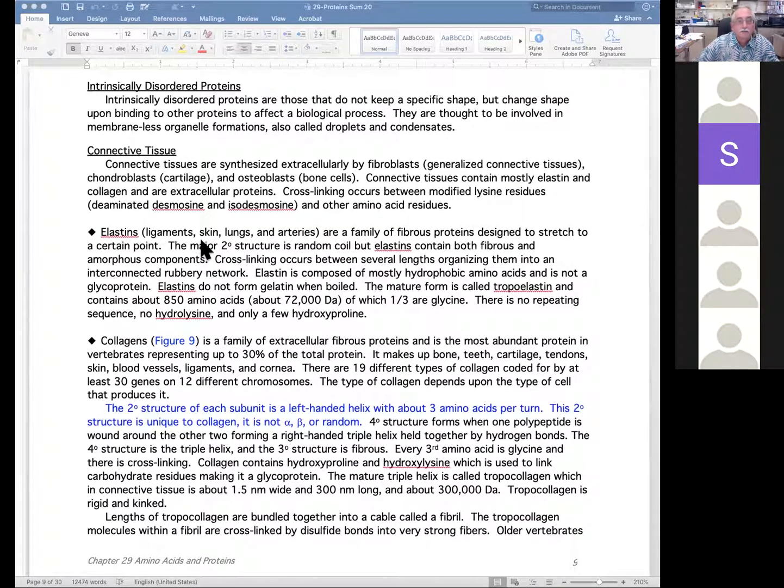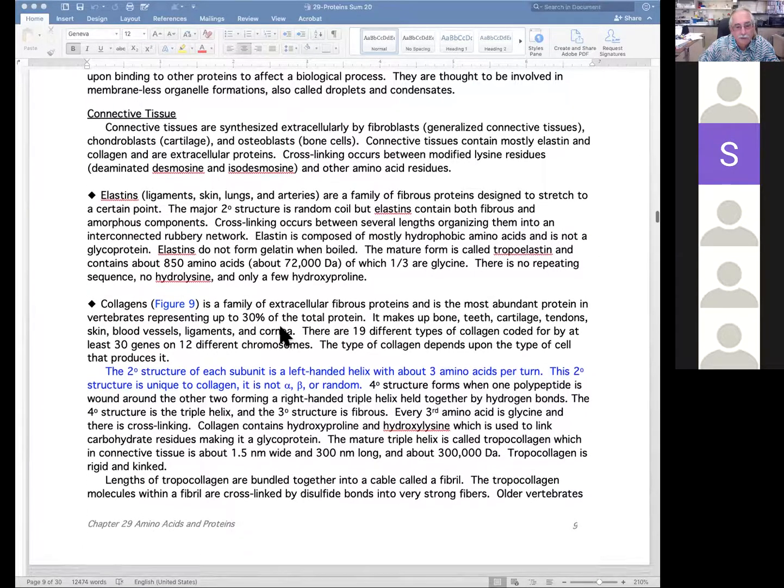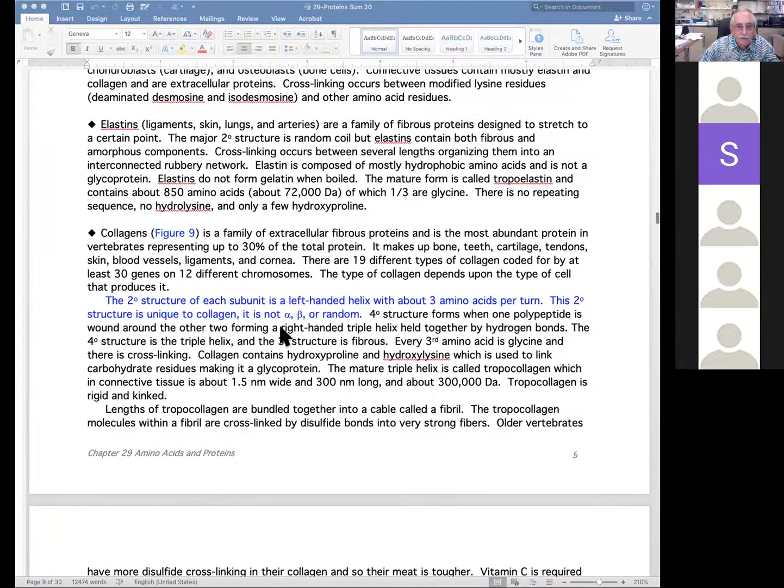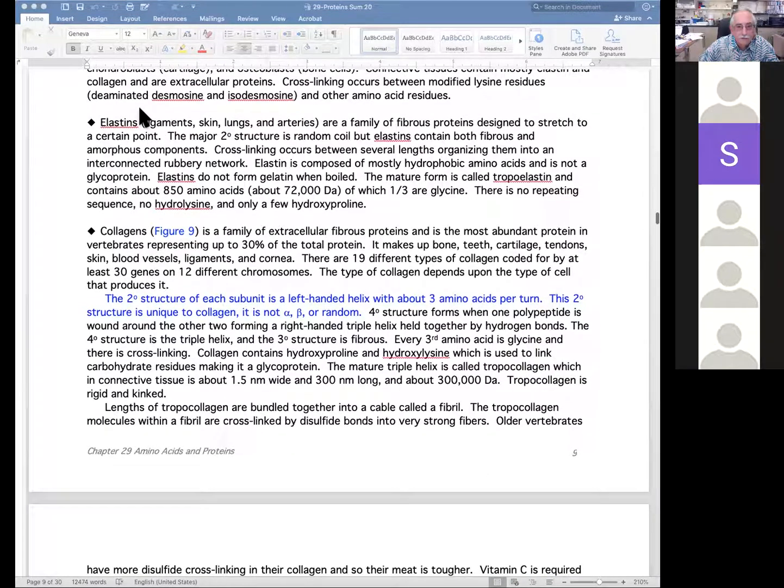So connective tissue. These are made out of elastins, collagens, and I mean, this is just for general knowledge, right? You take an anatomy physiology class, they're talking about this stuff, but they're not going to ask you for the exact structure.